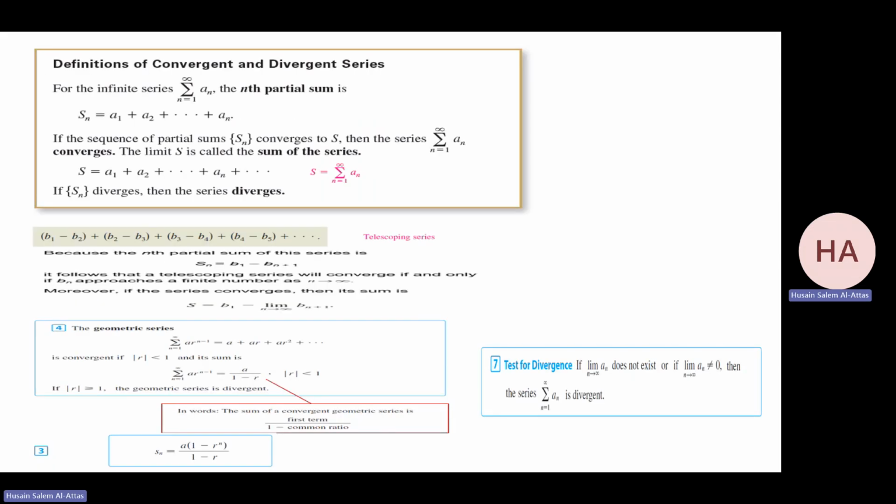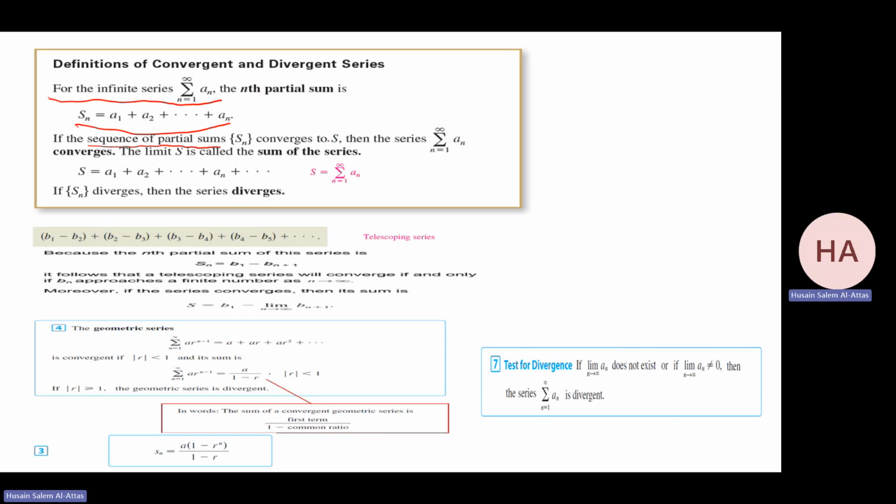I tried to put everything about 9.2 in one slide. As I said before, now we'll do more examples. For the infinite series, I'll find the nth partial sum, then the sequence of the partial sums.